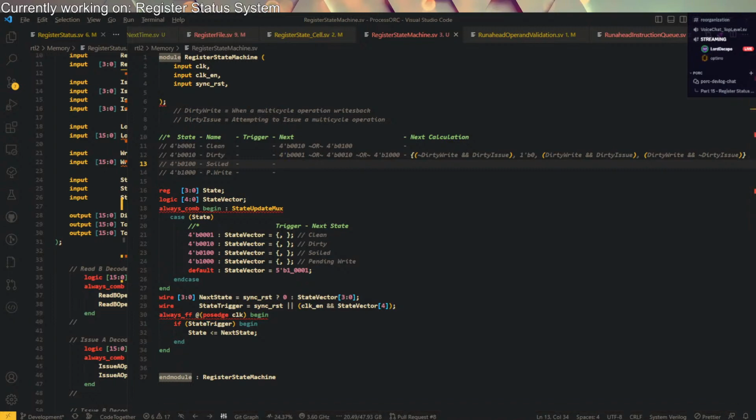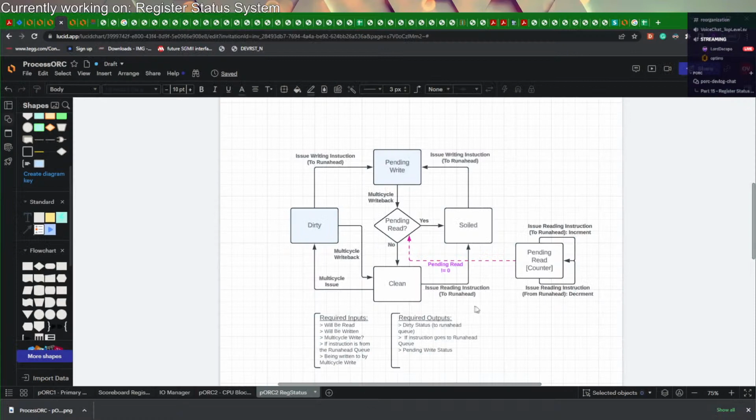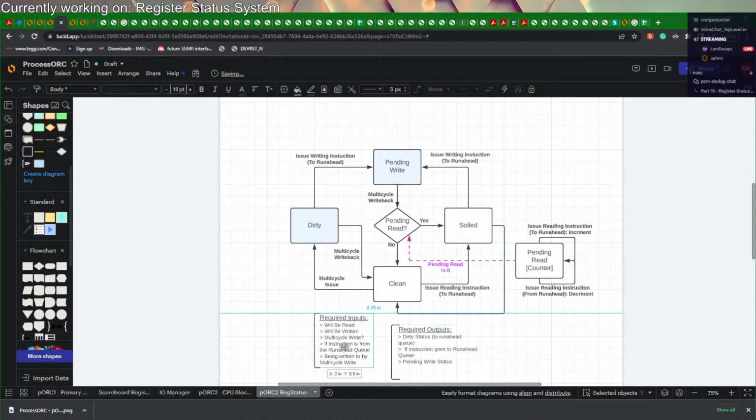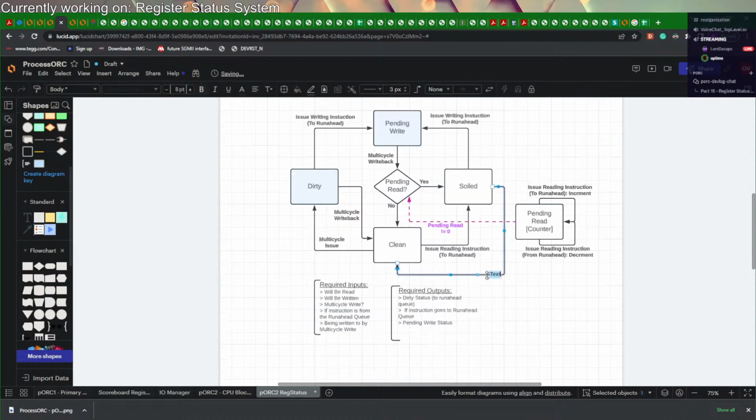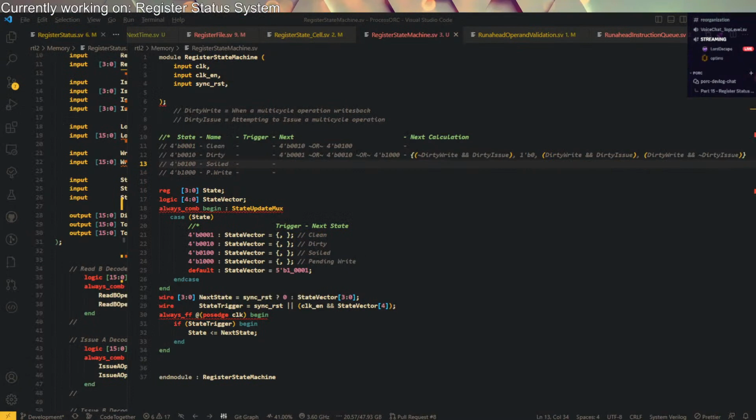Oh, I forgot a transition in the state machine. Oh, the other way, yeah. If the pending read clears, then you can go from soiled down. So then for this, you can go to 4B120 or 4B.